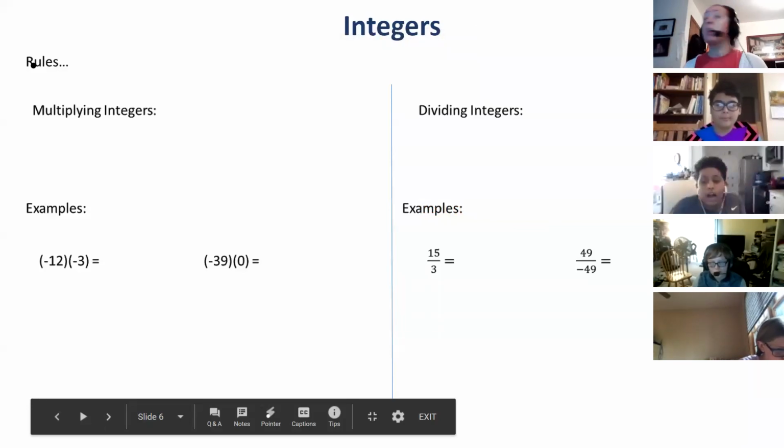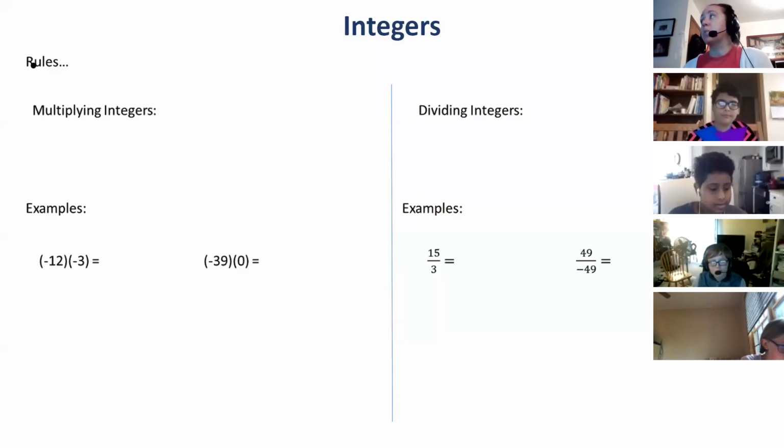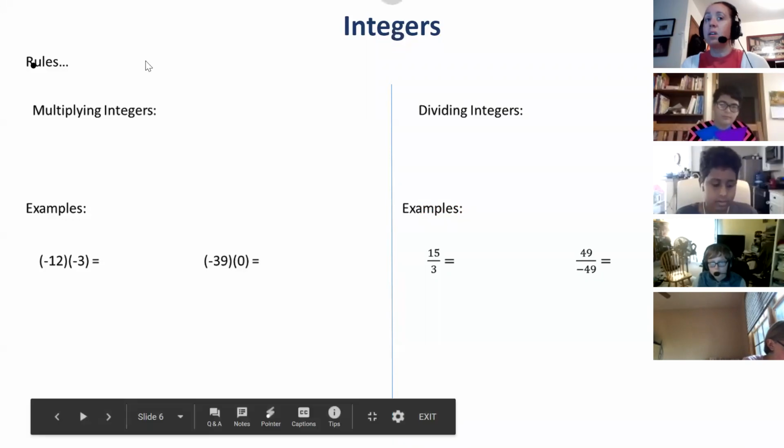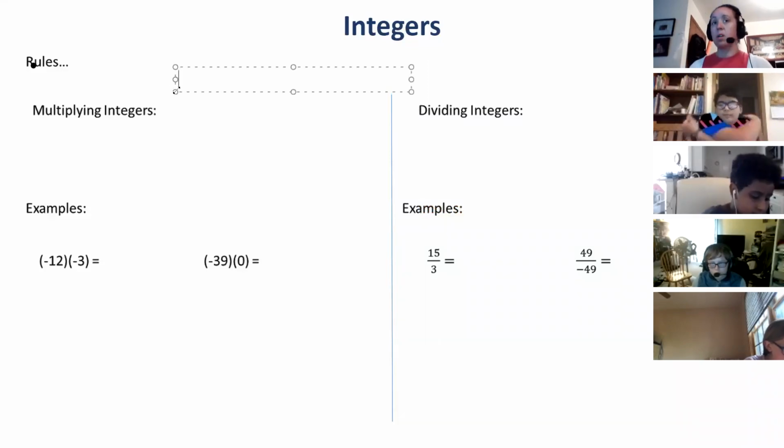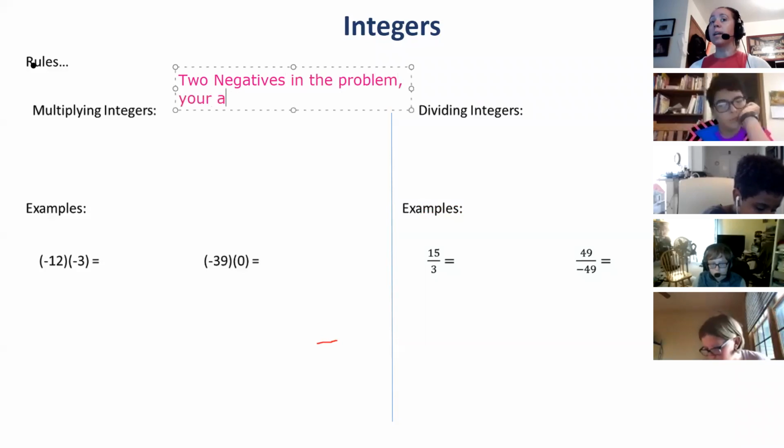Okay, so now we're going to talk multiplying and dividing rules. And what's cool is the rules for these are exactly the same. If you have two negatives in the problem, your answer will be positive.